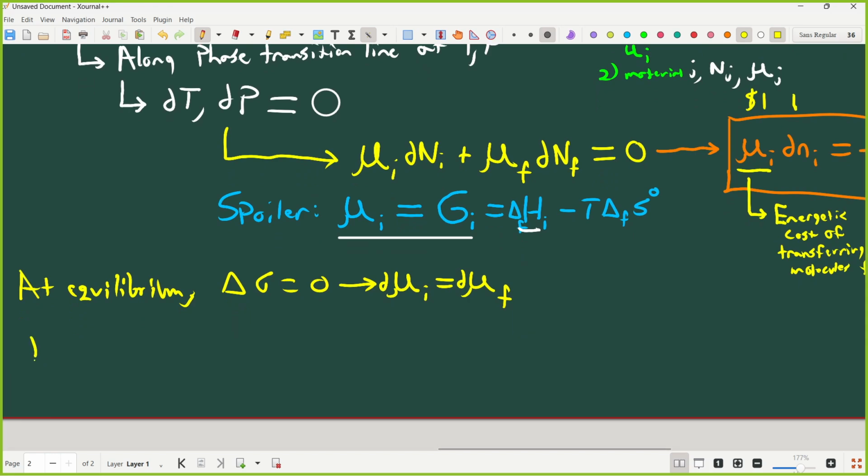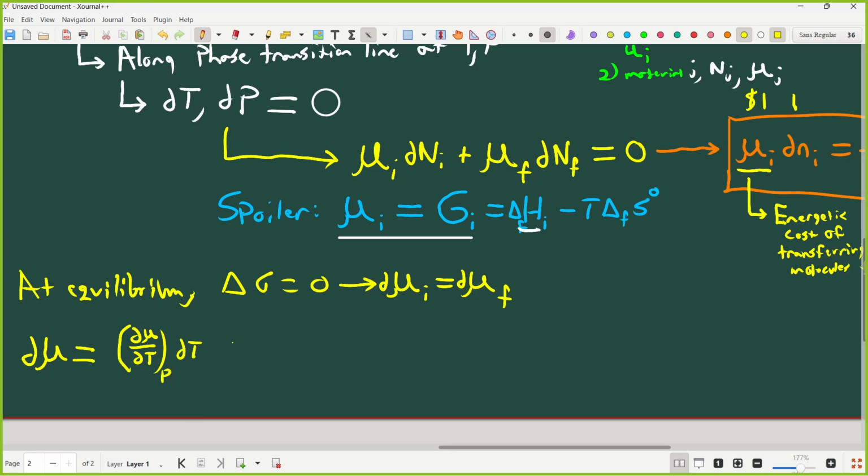All right, so we can now approximate the change in d mu as a function of temperature and pressure. So now we're going to jiggle our things and see how the chemical potential changes. This is d mu/dT at constant P, dT, plus d mu/dP at constant T, dP.